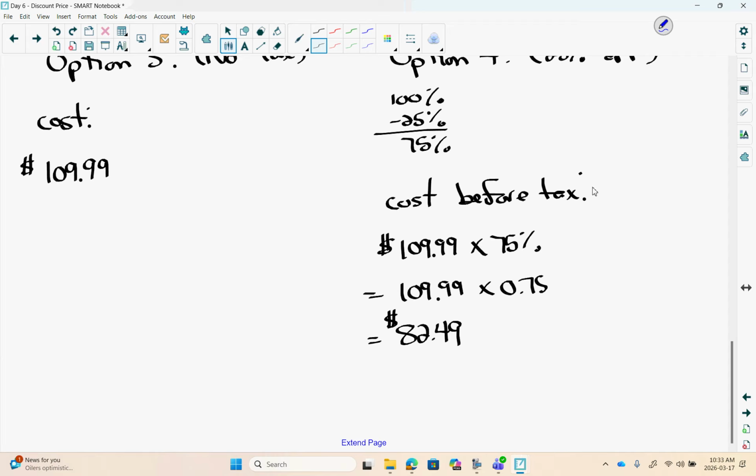How would you figure the cost after tax? Multiply it by 1.15.